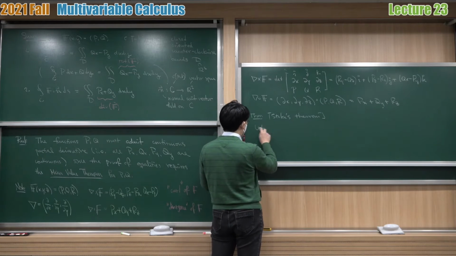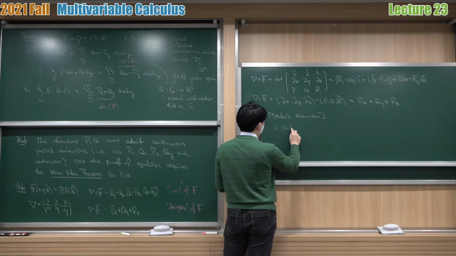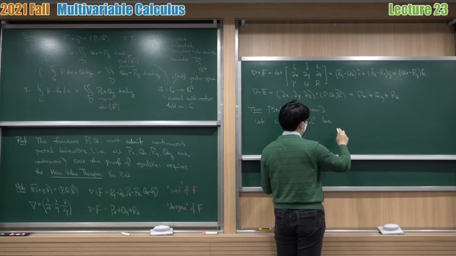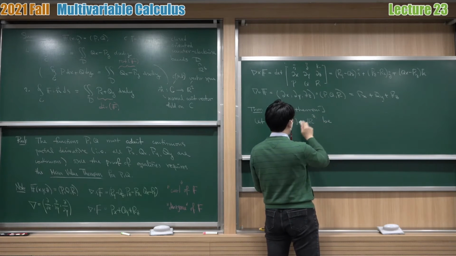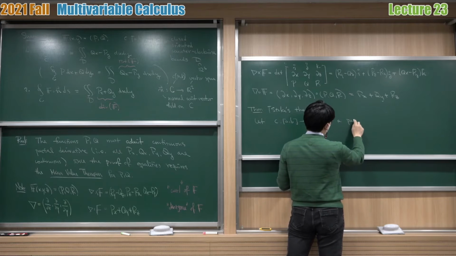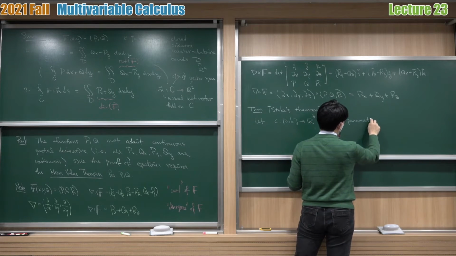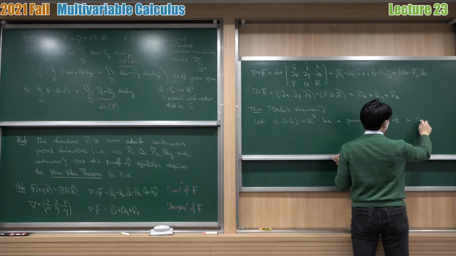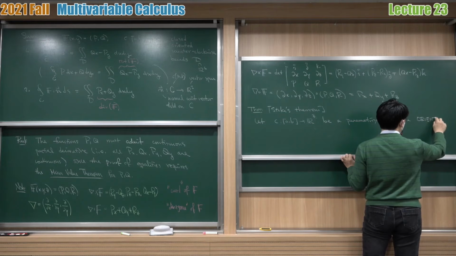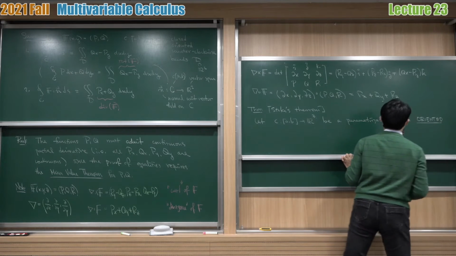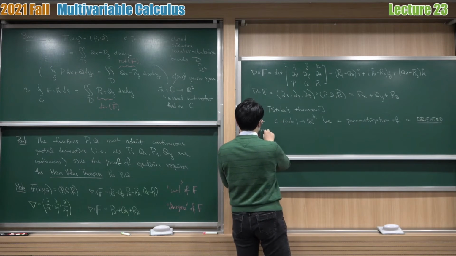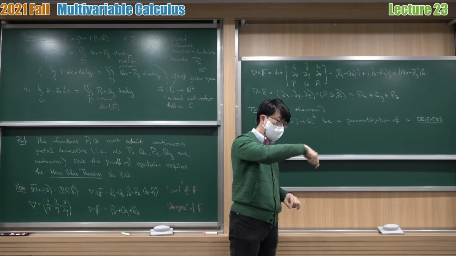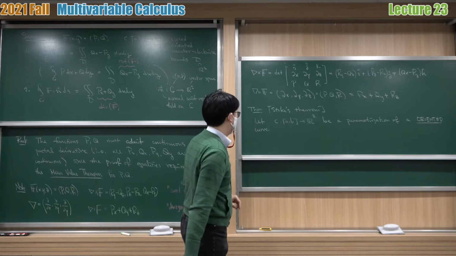Let c be a parametrization of an oriented curve, which means that you already have an orientation of the curve, so you know where to move along the curve.